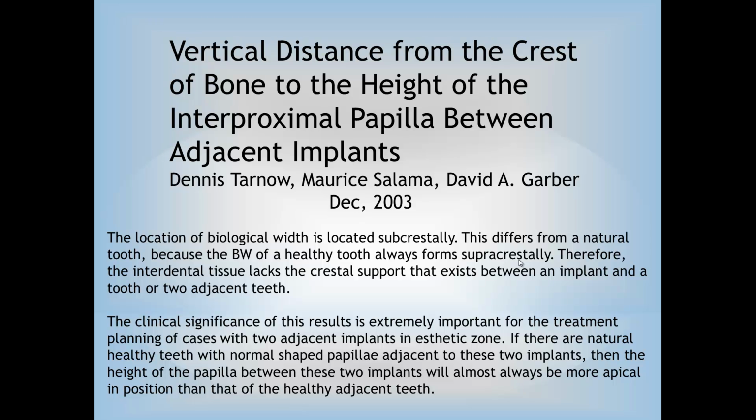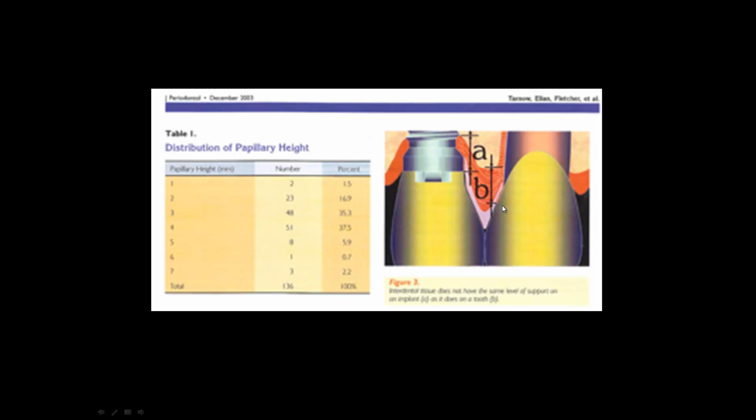And that's why you're going to see that the interdental tissue lacks the crestal support that exists between an implant and a tooth or two adjacent teeth. It means this because it is subcrestal. But look at this diagram. You see that the biological width starts supracrestally on the tooth and subcrestally on the implant.